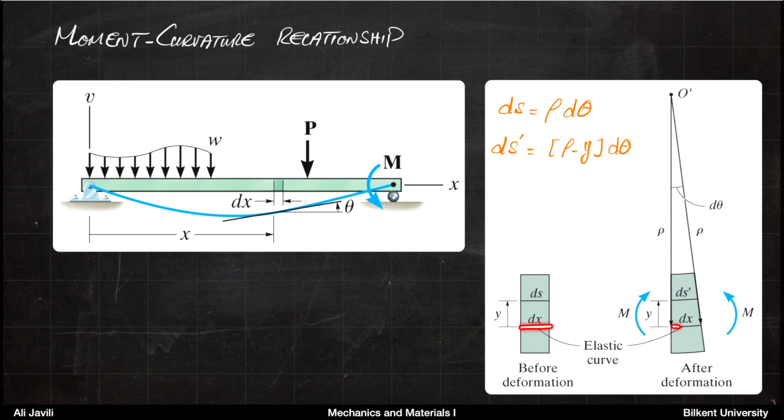So that would be your length dx here, which you can also write as rho delta theta or d theta, and rho is the radius of curvature. But then for any other line at any distance y from the neutral axis, the lengths will change. So here you would have ds prime, which would be (rho minus y) times d theta.